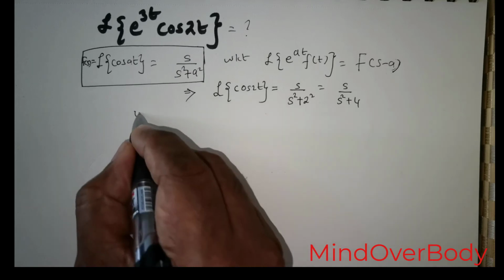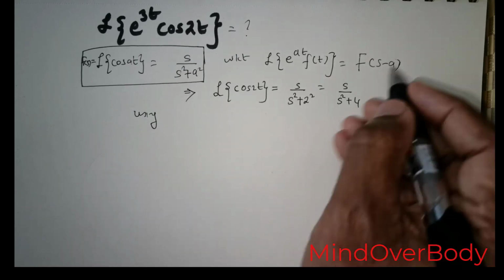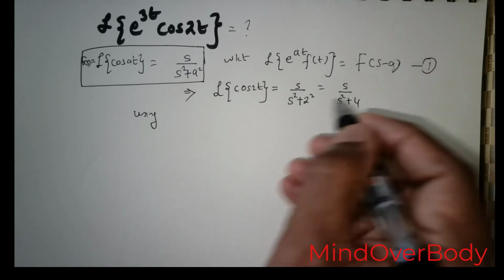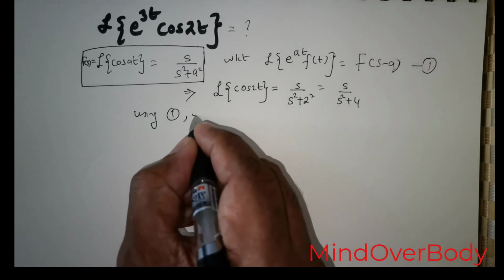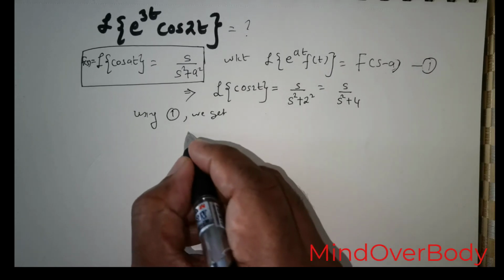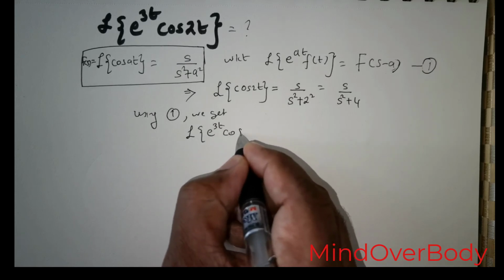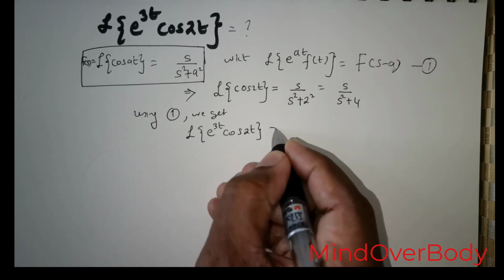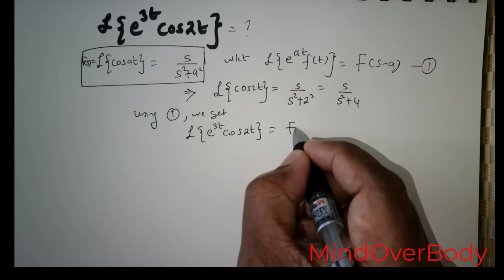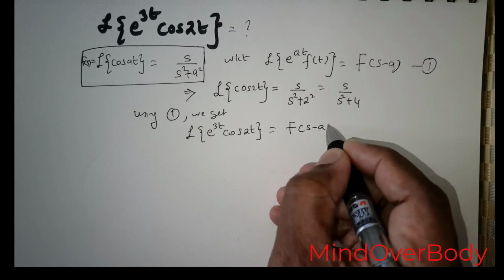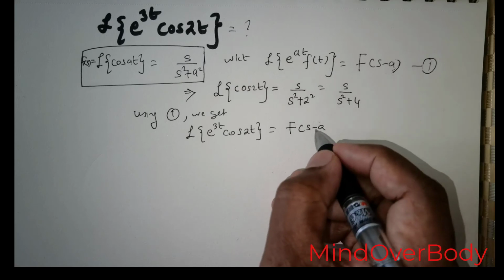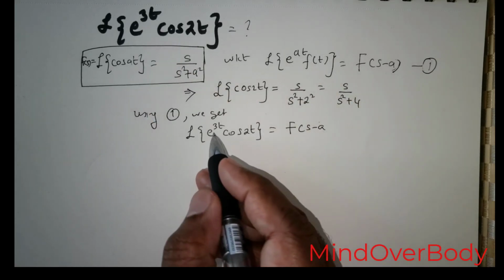So using this, we get the Laplace transform of e raised to the power 3t times cos 2t to be equal to F of s minus 3, because in place of a we got 3.